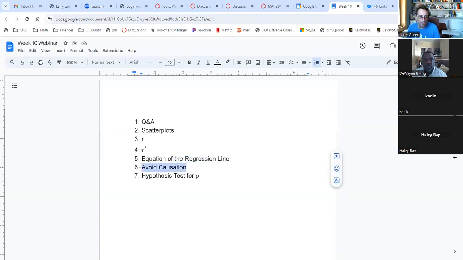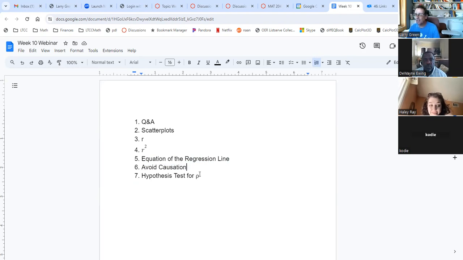I'm going to doubly remind you to avoid causation. It's the number one mistake lots of people make in regression analysis: they use words that say this causes another thing, which isn't what you can talk about. And I'll give you some advice on how to avoid causation.